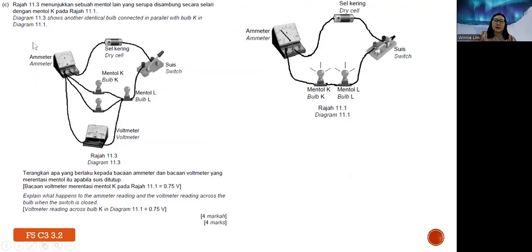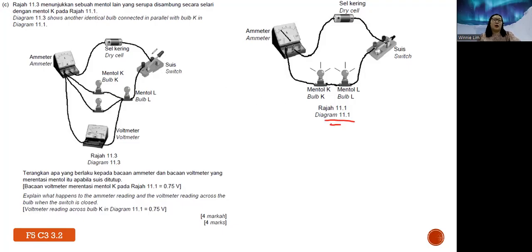Okay, next is a conceptual idea. So diagram 11.3 shows another identical bulb connected in parallel with bulb K in diagram 11.1. Explain what happened to the ammeter reading and the voltmeter reading when the switch is closed now. So I also show back your initial state.